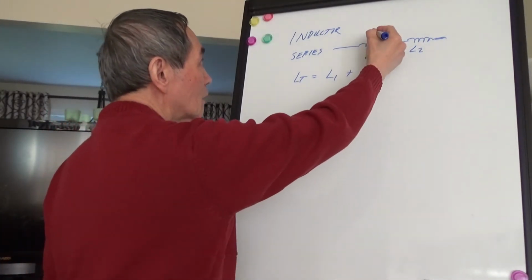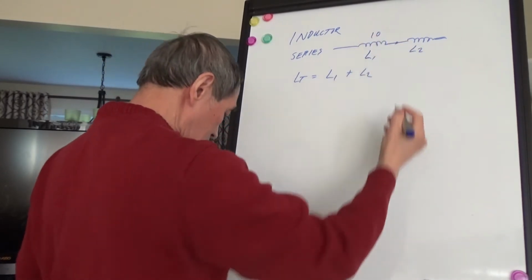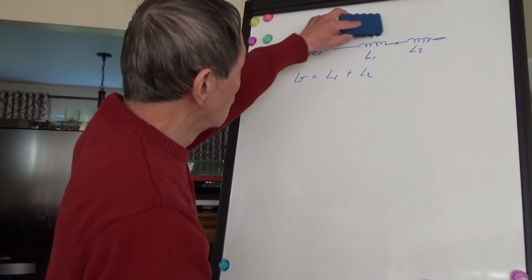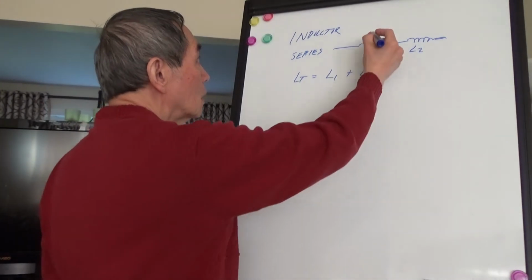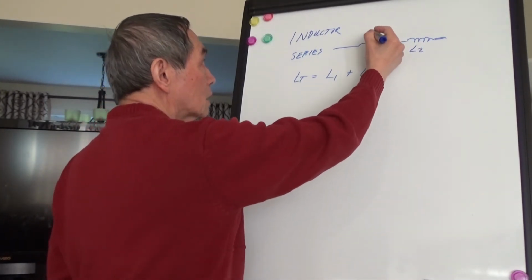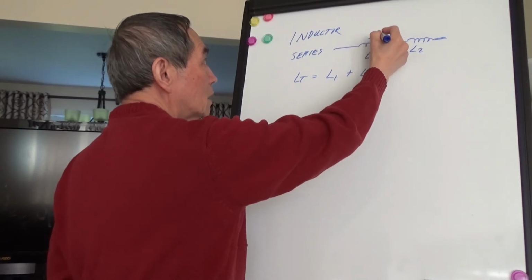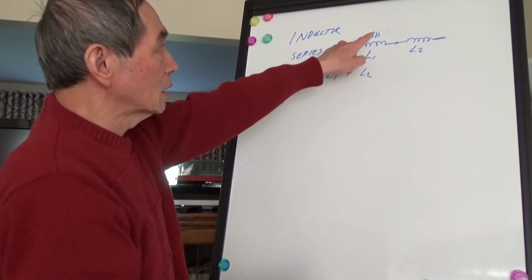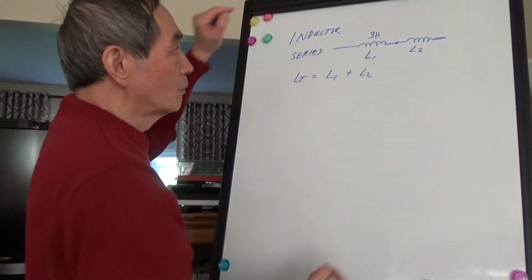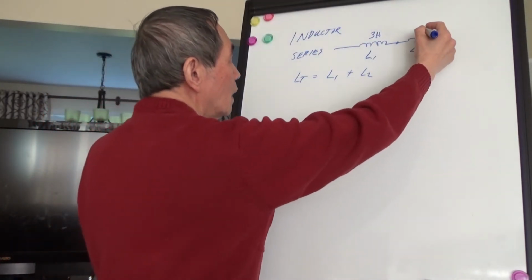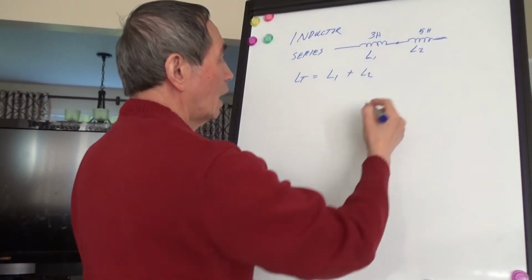So again, we have another two lines. Inductance is normally very small, so let's say, and the unit is Henry, 3 Henrys and 5 Henrys.